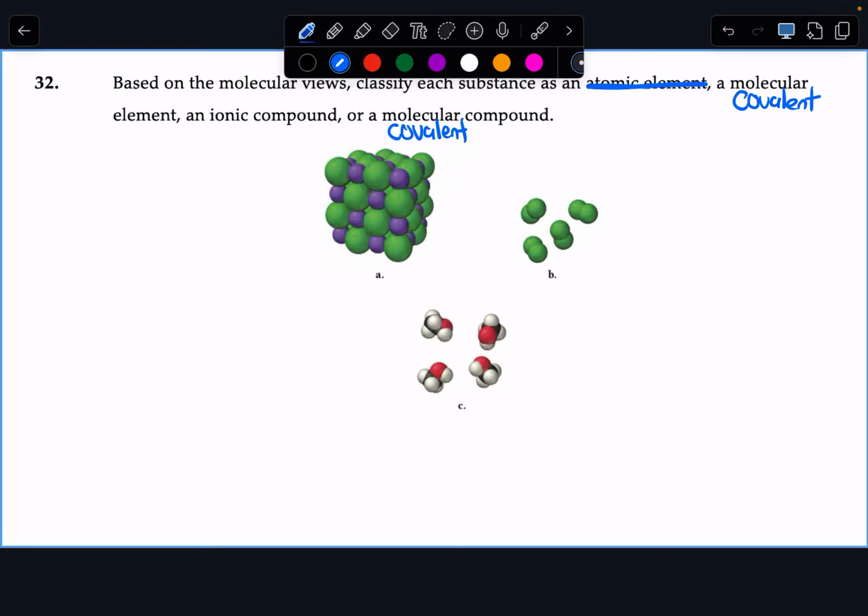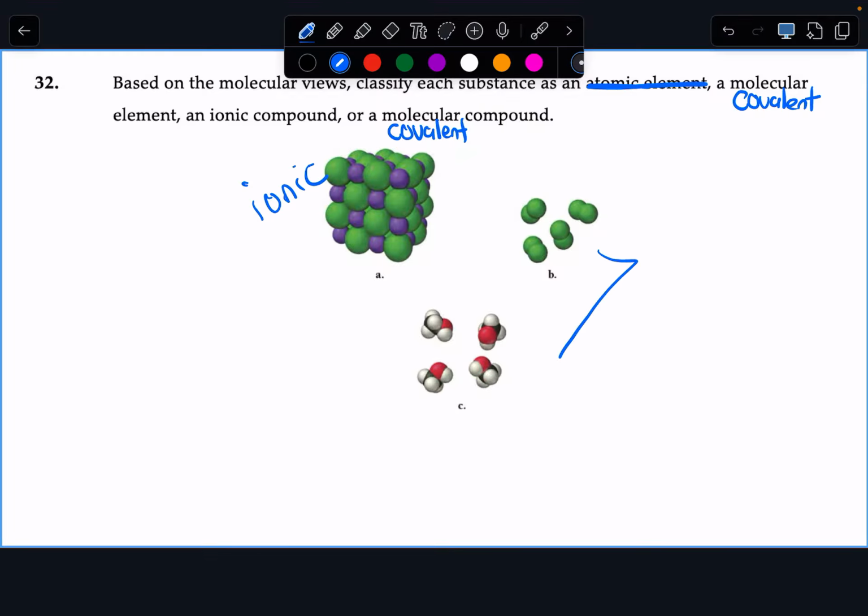They form a cluster, however big the crystal is, of the different ions. So they're staggered, positive and negative, but there's no distinct amount of them. It's not like 1 and 1 or 100 and 100. It is a ratio that could be any amount as long as it's, in this case, a 1-to-1 ratio. Okay, so this one is ionic.